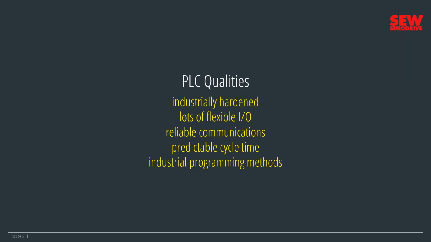PLCs include reliable communications so they can talk to standard field buses. Crucially, they offer very predictable cycle times so the programmer can ensure that time critical events happen right on schedule. And finally, they're programmed using methods and tools oriented to industrial control.